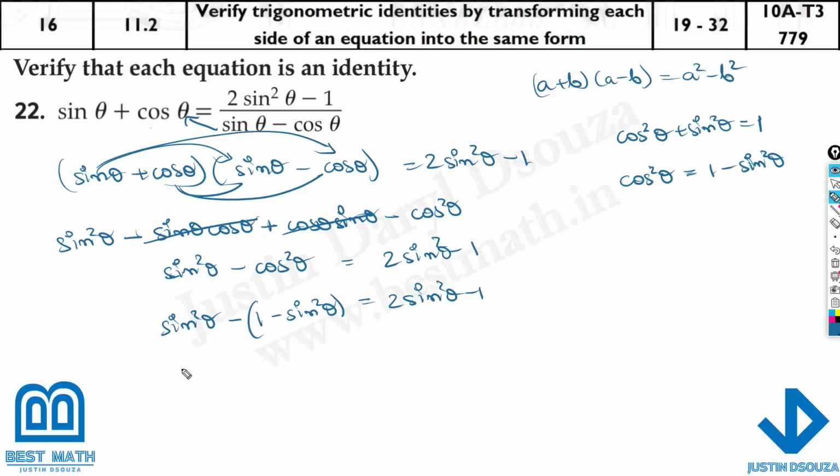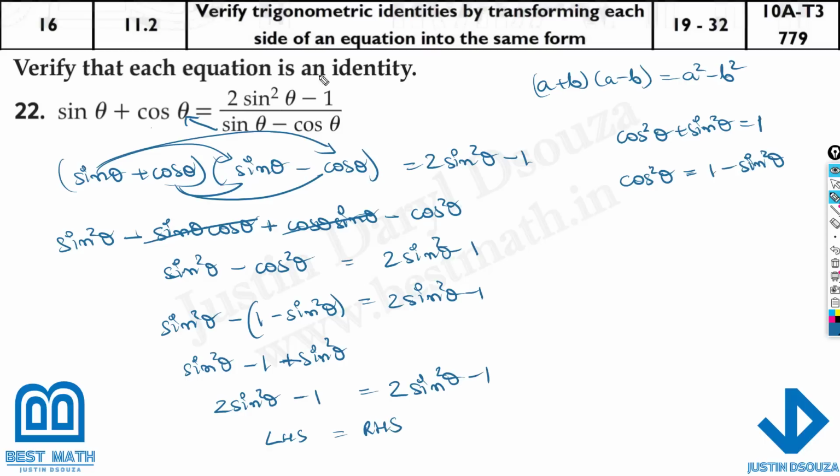Let us multiply the minus sign here by distributive property. So it's going to be minus 1 minus minus becomes plus sine squared theta. Now sine and sine, there are 2 signs plus right over here. Both are positive, so it will be 2 sine squared theta minus 1, which is equal to the right side, which was also 2 sine squared theta minus 1. So left hand side is equal to RHS.